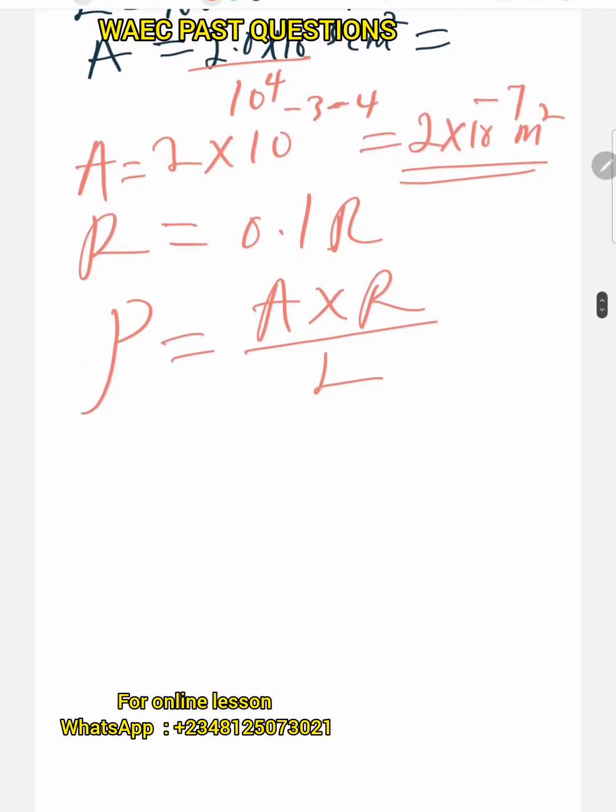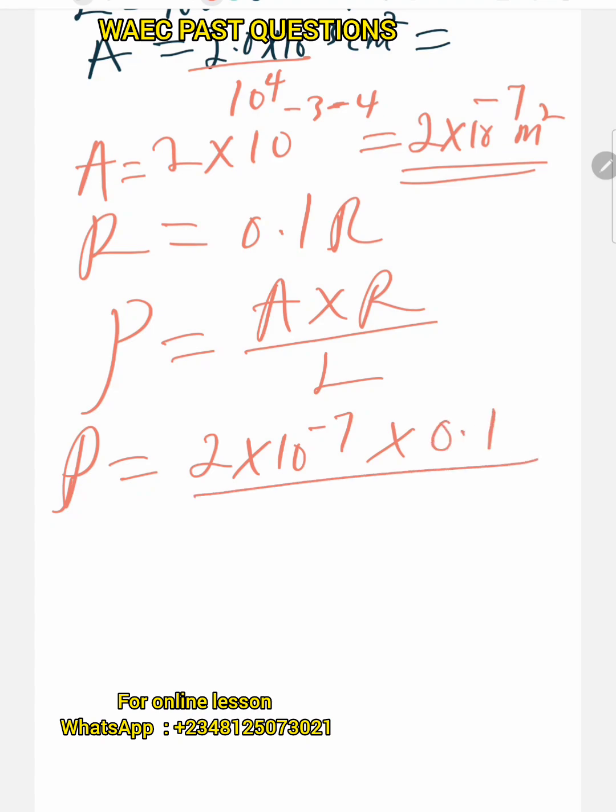So resistivity is equal to 2 times 10 raised to the power minus 7, times the resistance, which is 0.1, all over the length, which is 1. This can be expressed in standard form as 2.0 times 10 raised to the power minus 8 ohm meter.